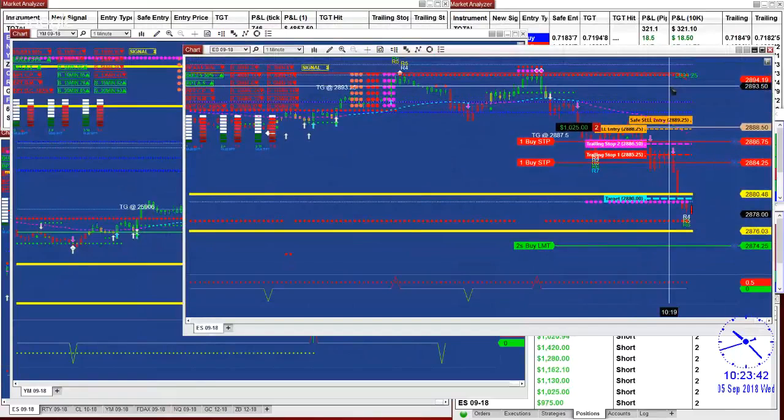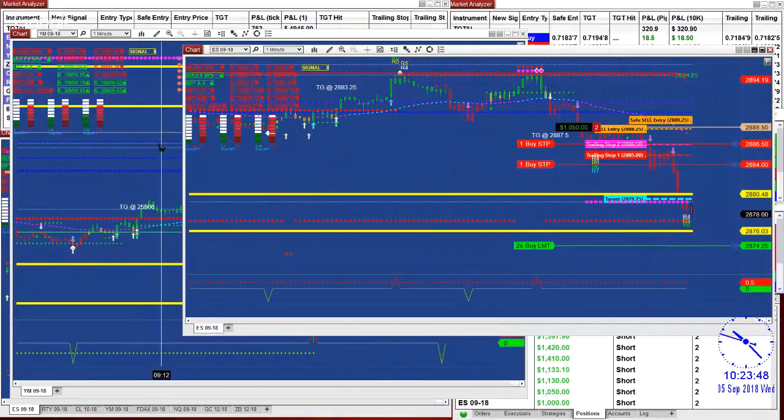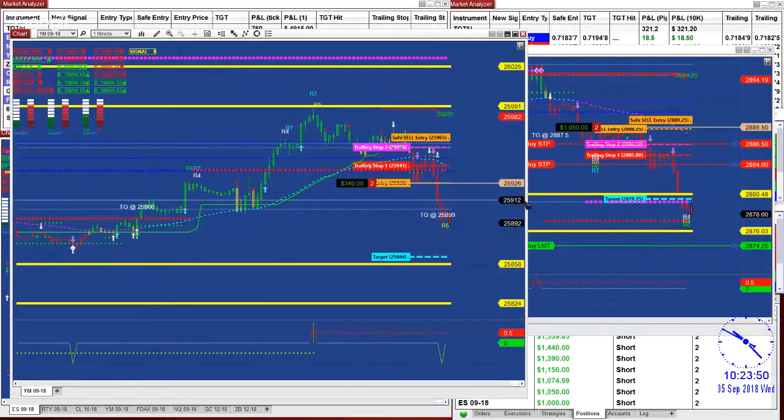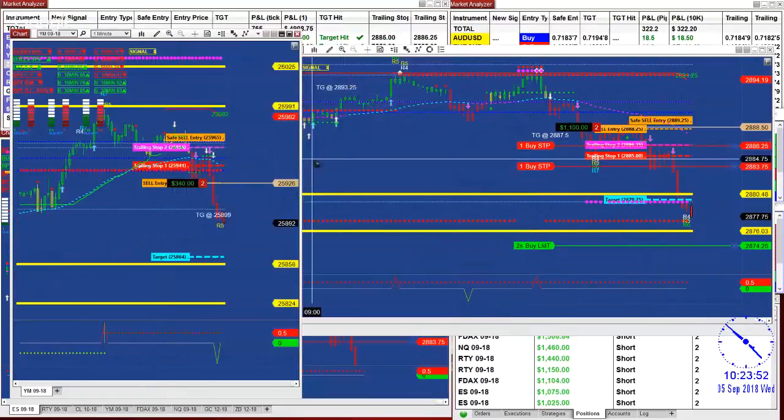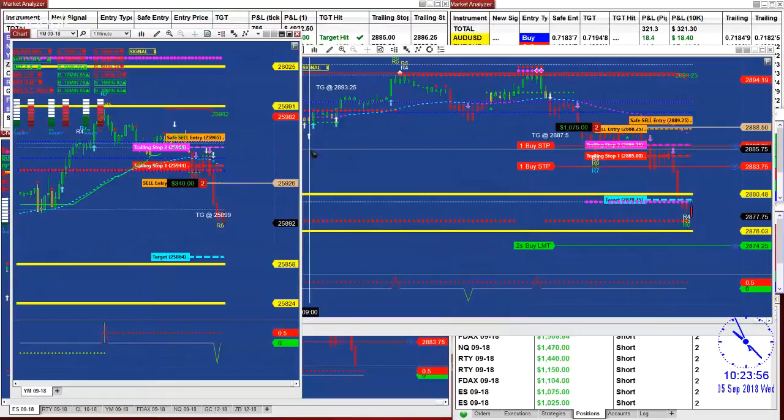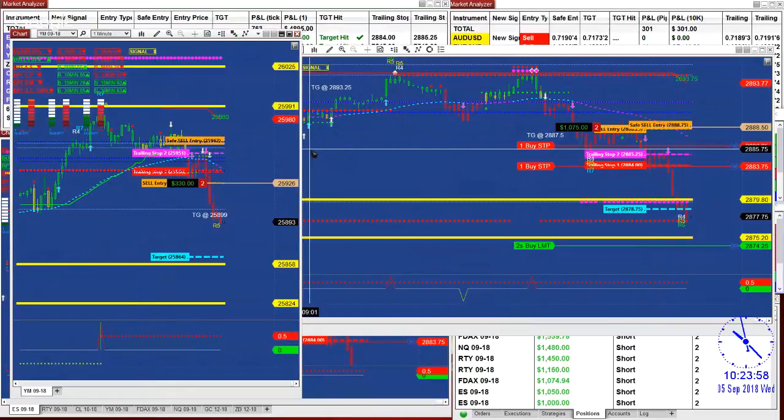That's why, for me, I like controlling the auto trade. I want the auto trade to take the trade for me, absolutely, but I like to manage those trades, because like now the ES is way overboard on the short, and instead of walking away with a couple of $300, you can walk away with $1,000.